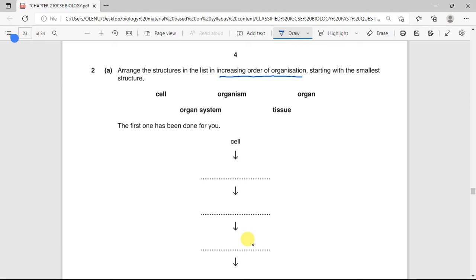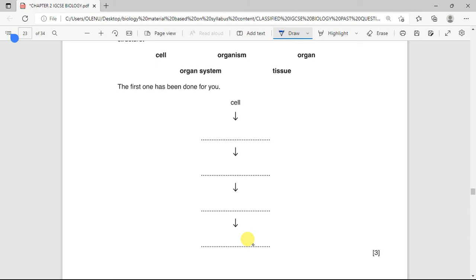The first one has been done for you, obviously, from cell to tissue, from tissue to organ, from organ to organ system, from organ system to organism.